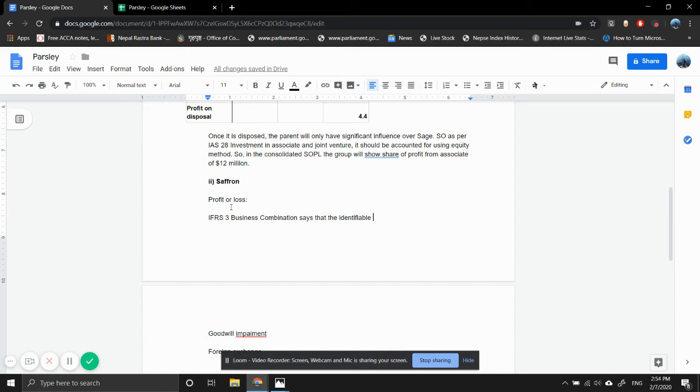Okay, identifiable net assets of an acquired entity or subsidiary should be consolidated at its fair value.